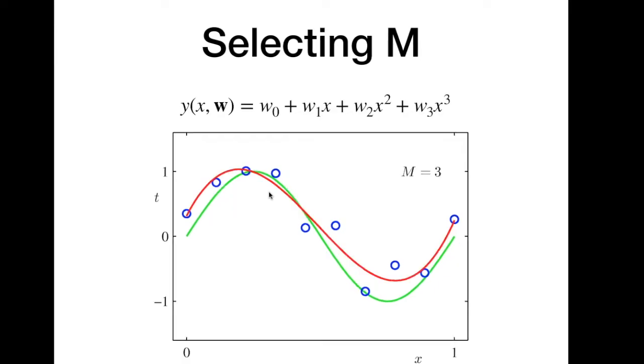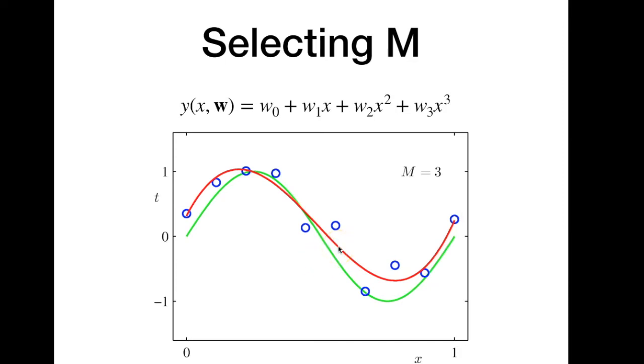Let's move on to m equals 3, which gives you this function, which is w0 plus w1x plus w2x squared plus w3x cubed. So now you can see your red curve is quite a good approximation of the underlying green curve.